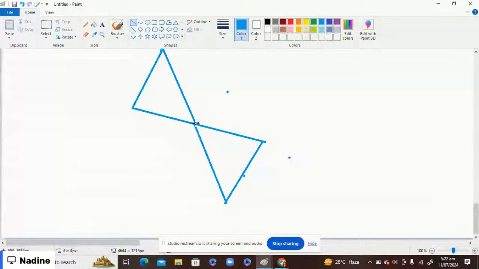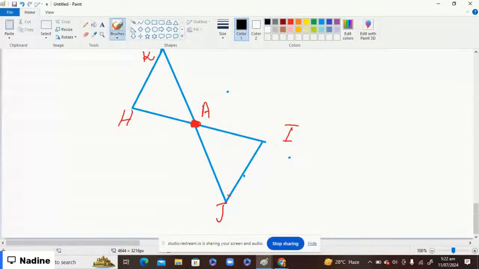What is this point? This point is, for example, A. Here is H, here is I, here is J, here is K. So you say that A is the midpoint of H and I, K and J, because it lies in the middle of this line as well as the middle of this line.